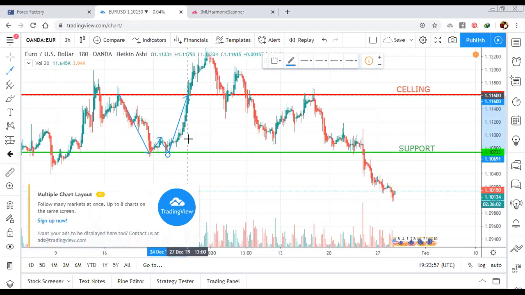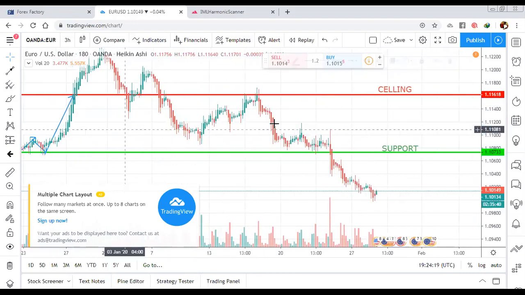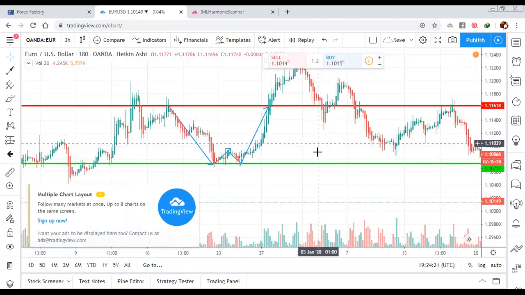Up to hit the ceiling. Okay? Now, you see how the market came. It respected this region where the support is. It came there, hit it, went back up, hit it again, went back up, hit it again before it finally went up.